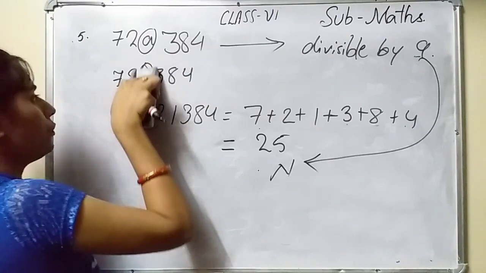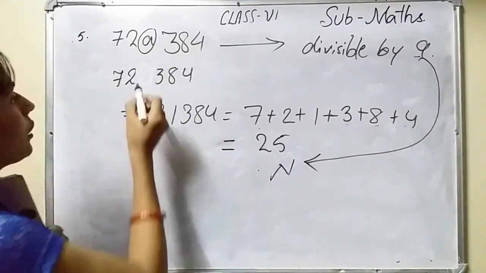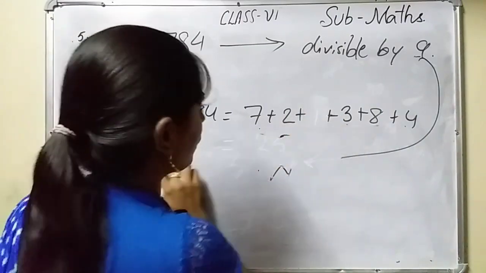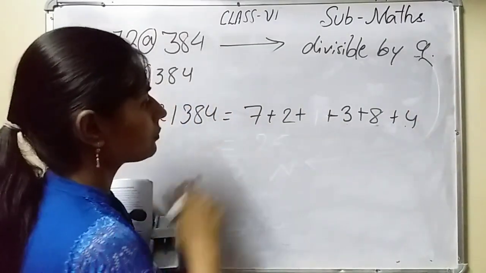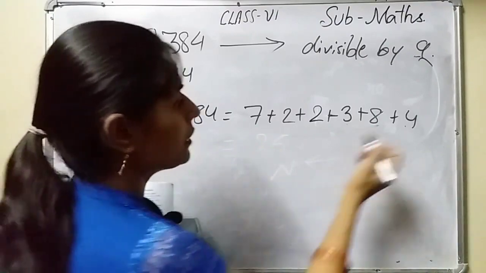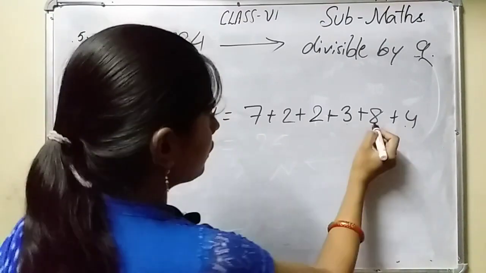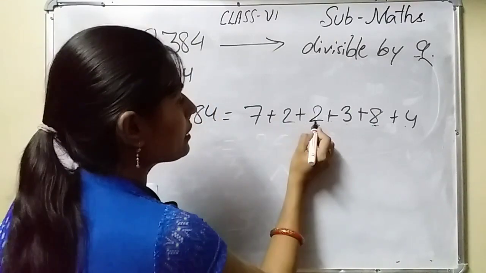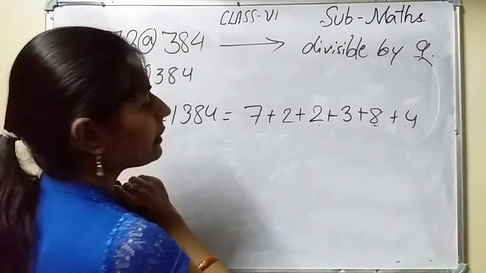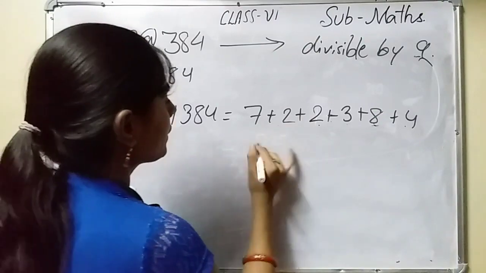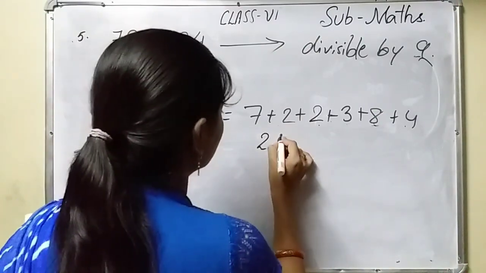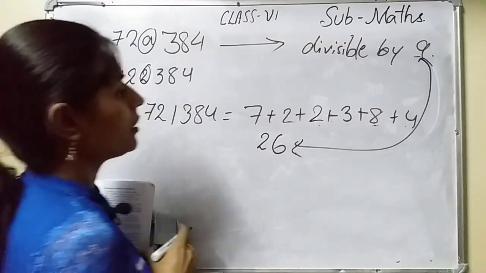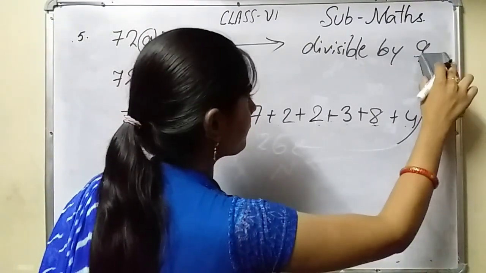Now see, put 2 here. Is it divisible by 9 or not? When you put 2, 8 plus 4 is 12, 12 plus 3 is 15, 15 plus 2 is 17, 17 plus 2 is 19, 19 plus 7 is 26. Is 26 divisible by 9 or not? No, it is not divisible by 9.